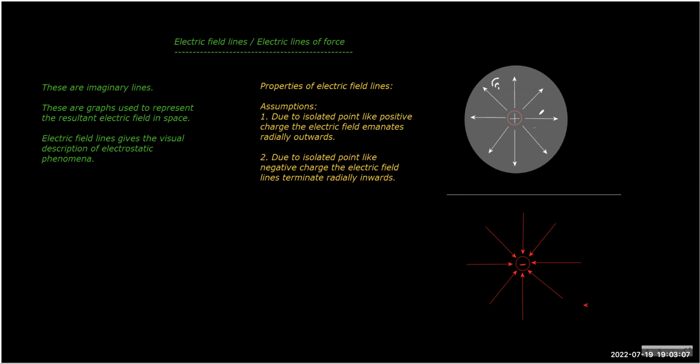A hypothetical negative charge is present there, acting as a sink, and all lines of force will go there and terminate. And if you have only a negative charge, then infinity will act as a source, and from that source the lines of force will terminate at the given charge. So this is the idea of source and sink.